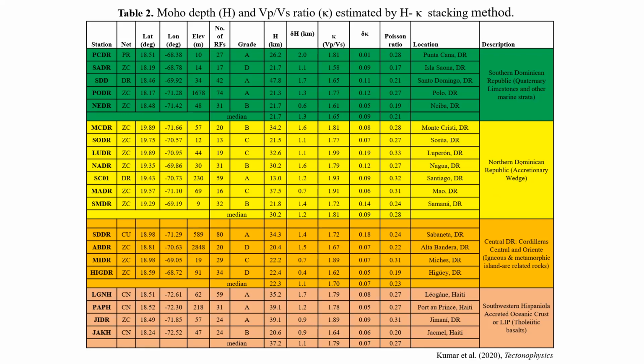Second is the Northern Dominican Republic, which is an accretionary wedge. Another is the Central DR, the Cordilleras Central and Oriental, which may be composed of igneous and metamorphic island arc related rocks. And the last domain was identified as Southwestern Hispaniola, accreted oceanic plateau or LIP.